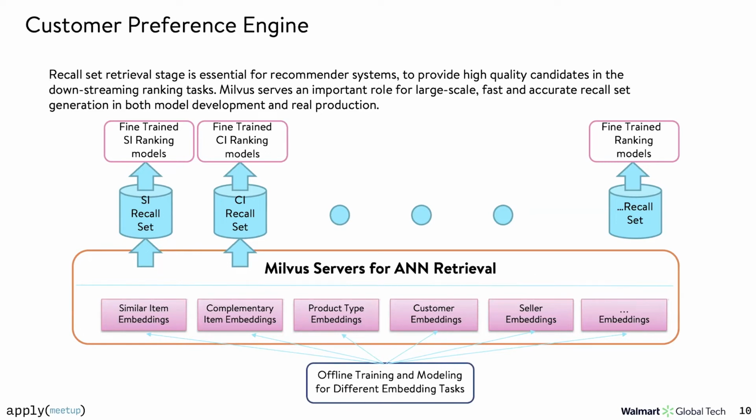Let's say I want to find similar items. We can query the Milvus platform and find all the different similar items for a given item embedding within its embedding space.